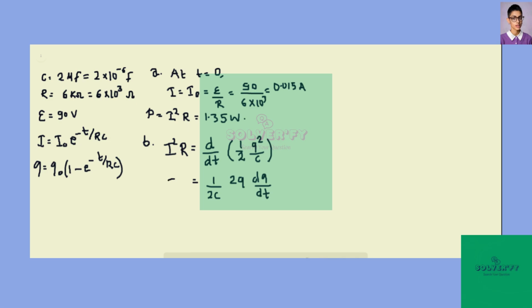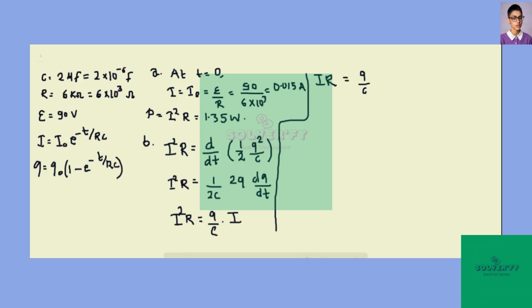Now on the left hand side we have I squared R, and on the right hand side we have I squared R equals q by C. Now dq by dt, the rate of change of charge, is what? Current, so I. Now I can cancel out I on both sides. So this gives me IR equals q by C, right?